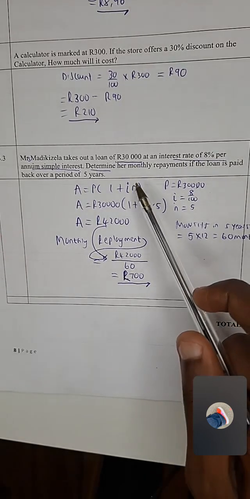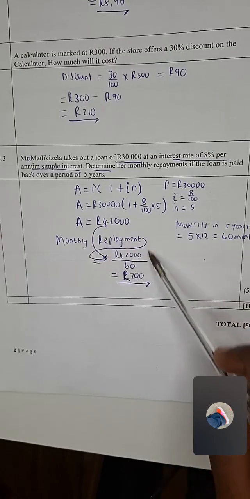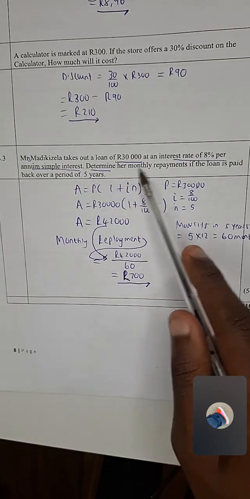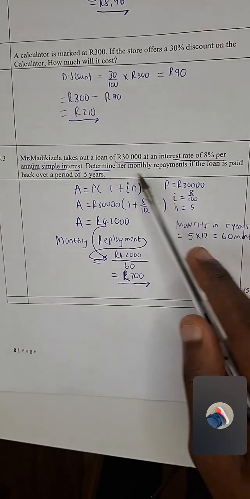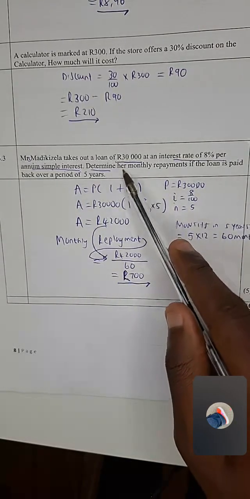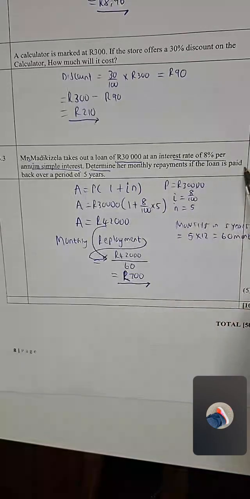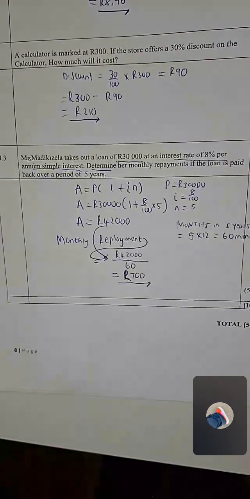Thank you for helping us answer the question up until this point. I hope this aspect makes sense to you, because the question deviates from many questions you've answered on simple interest. This one was asking us to determine the monthly repayments if the loan is paid back over a period of 5 years.